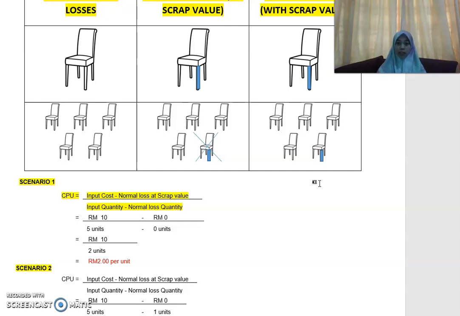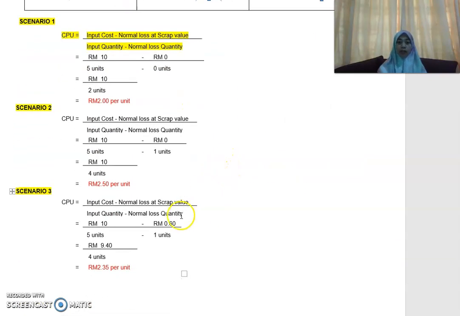That value reduces your cost, so your CPU is reduced by that amount and becomes 2 ringgit 35.